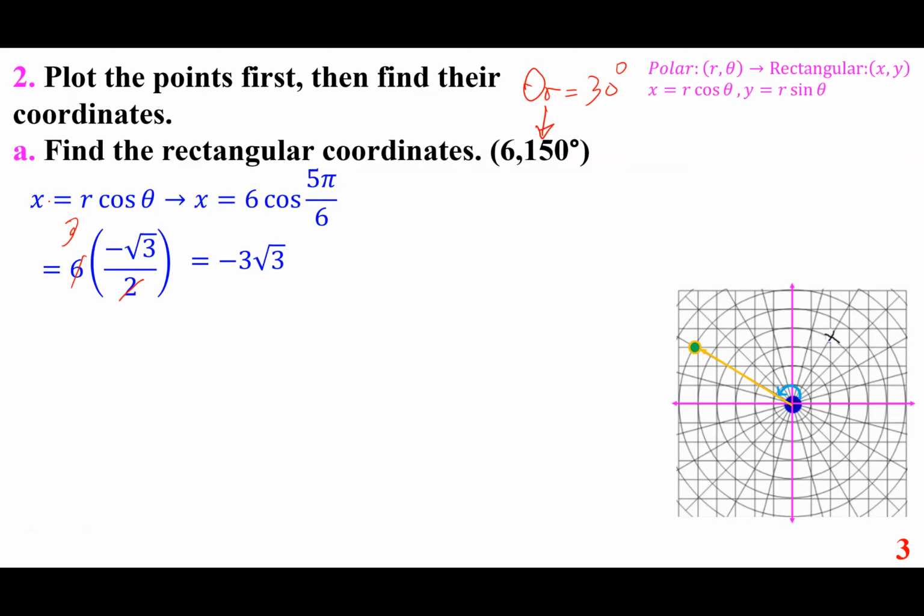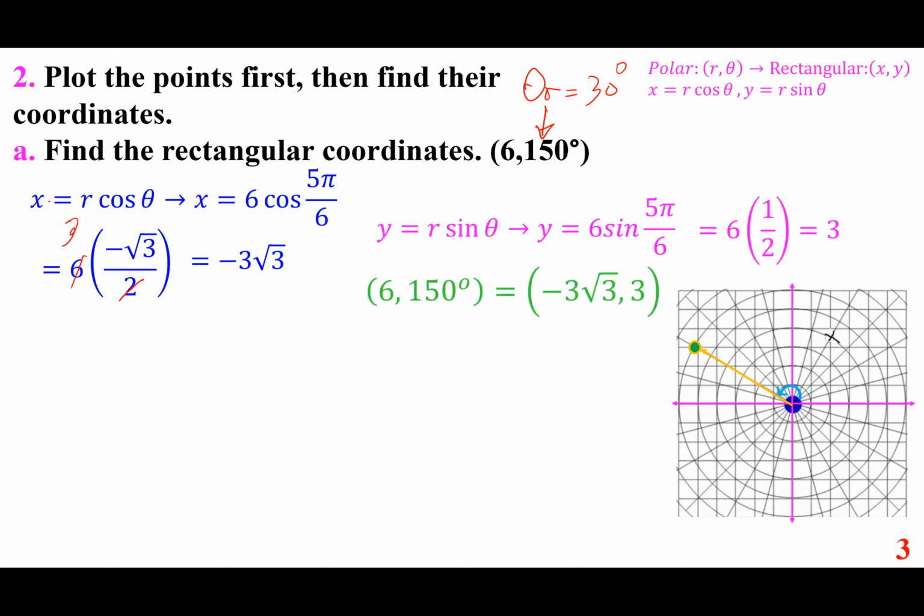Y is r sine theta, and as I mentioned in the second quadrant, sine is positive, so sine of 30 degrees is 1/2, and the product of 6 and 1/2 is 3. Therefore, the polar coordinate 6 comma 150 corresponds to rectangular coordinates minus 3 square root of 3, comma 3.